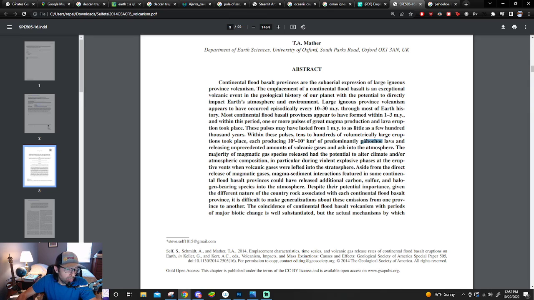Despite their potential importance, given the different nature of the country rock associated with each continental flood basalt province, it is difficult to make generalizations about these emissions from one province to another. The coincidence of continental flood basalt volcanism with periods of major biotic change is well substantiated.